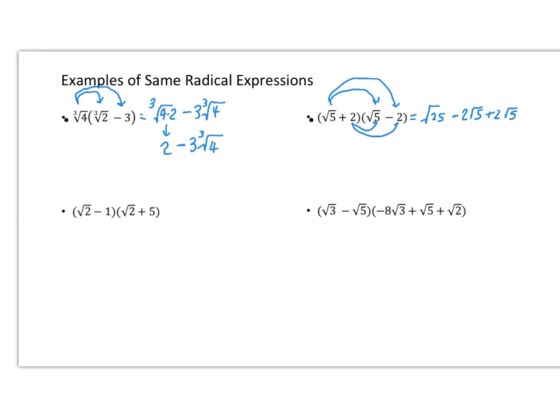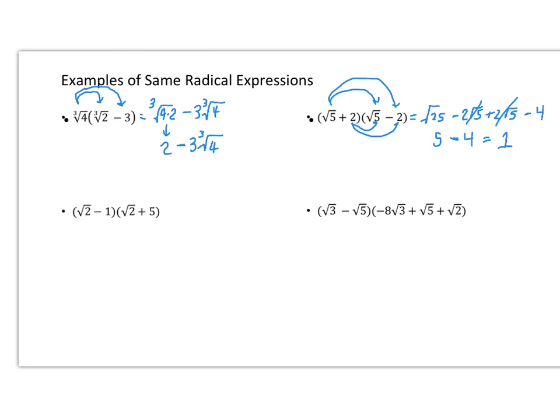And then the final term is 2 times the negative 2, which is just a minus 4. Now we'll simplify. The square root of 25 is 5. You'll notice that the 2 square root of 5's cancel, and I'm left with 5 minus 4. And this is just 1.